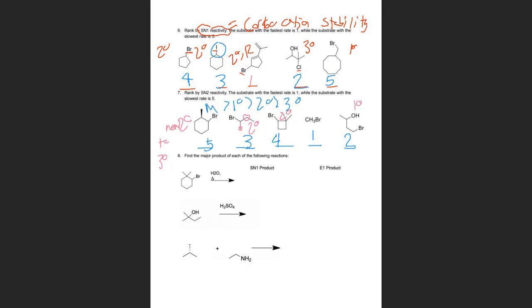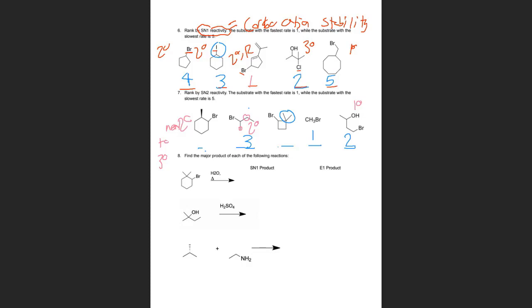But a problem is, as we notice when we look at its neighbors, this group right here is a quaternary carbon. Because it's quaternary, we know that this is always going to be the least reactive.